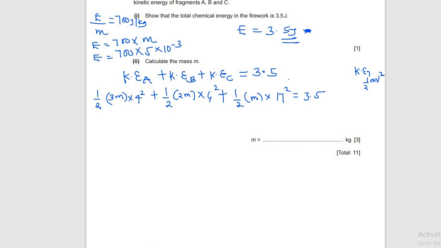So from here, 4 squared is 16, 16 over 2 is 8, 8 times 3 gives us 24m. 6 squared is 36, 36 divided by 2 is 18, 18 times 2 is 36m.